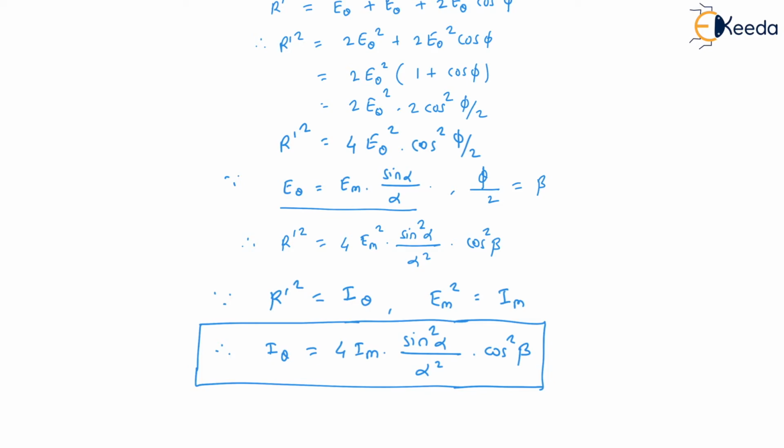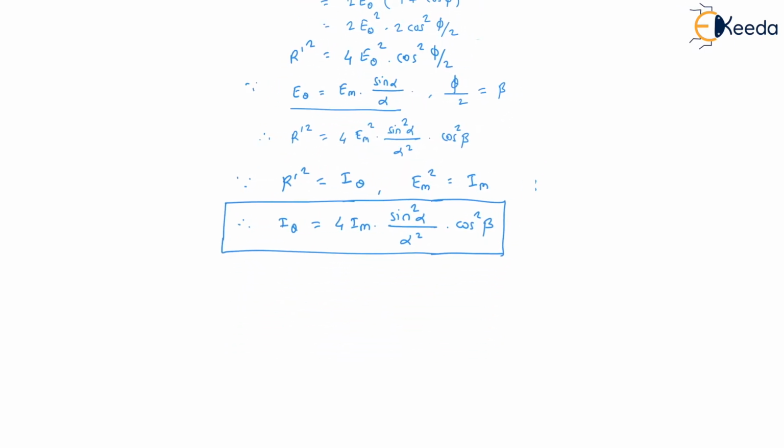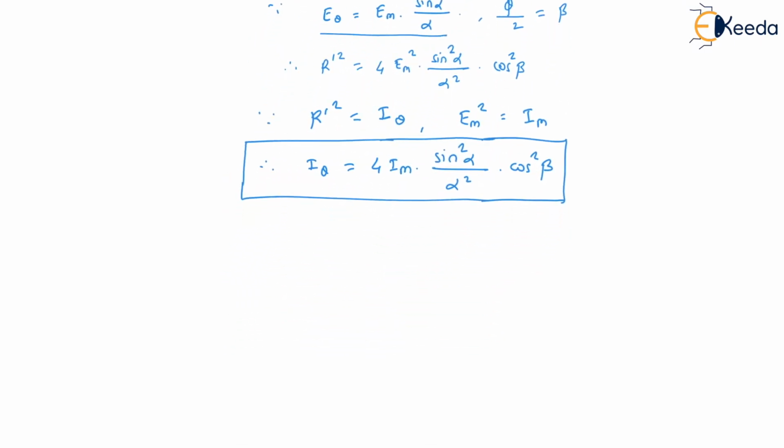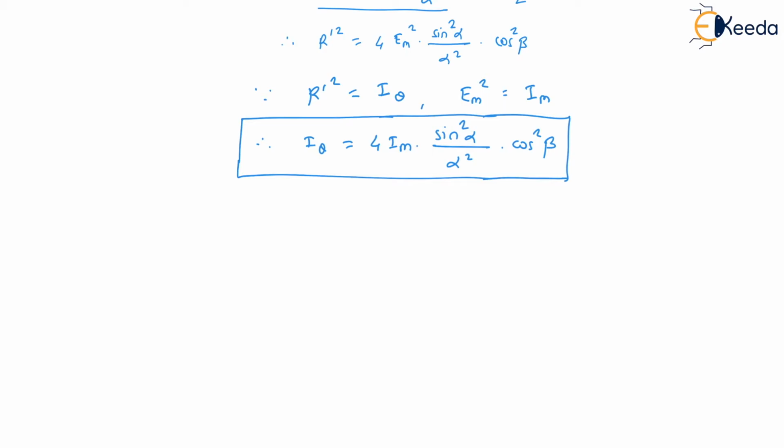So now carefully observe this equation. In this equation of resultant intensity, we have two terms that will vary. Here, the first term is sine square alpha upon alpha square, and another one we have cos square beta. So as I said, alpha belongs to diffraction.